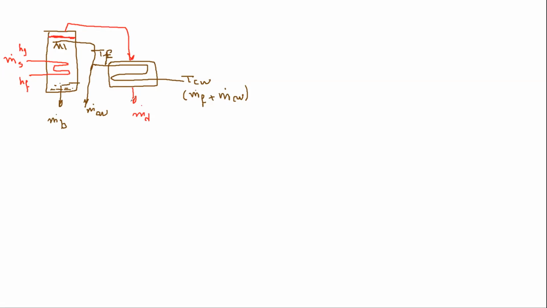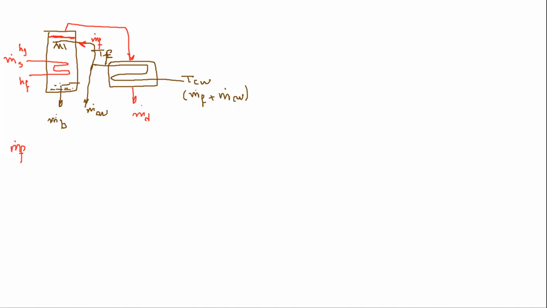Typically, what we do here for the analysis is standard. It's a step-by-step thing. The first thing we do is a mass balance. So I hope you have a sheet of paper and a pencil or a pen and a calculator. So the first thing we do is the mass balance, m dot feed. Look at the evaporator. What is entering here is an m dot feed, which is going to be split.